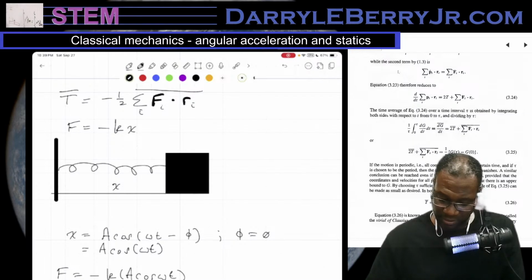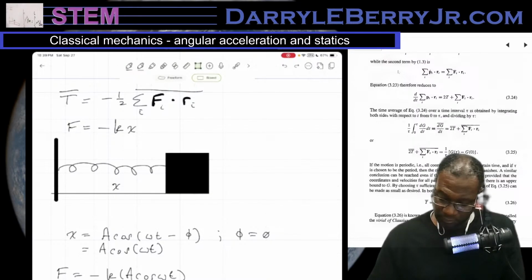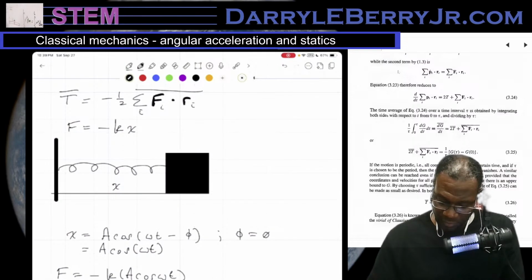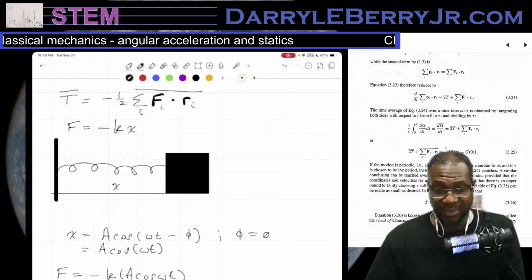Let's call this the average of I. So the average of whatever the quantity I is, is the integral from 0 to tau of I, divided by tau.